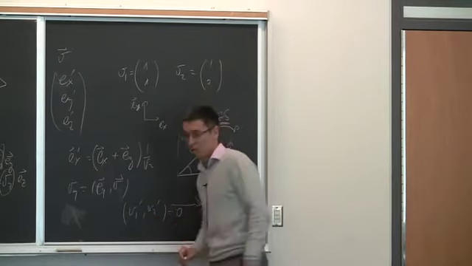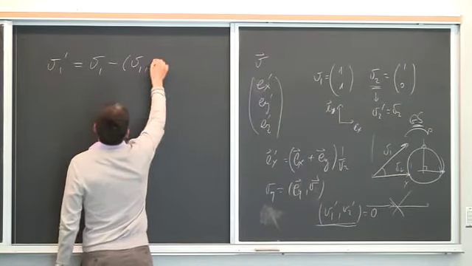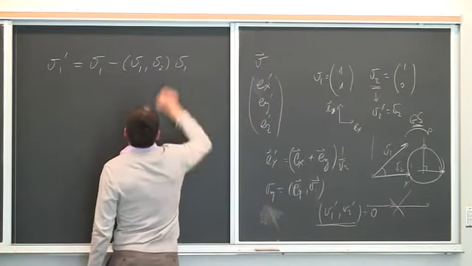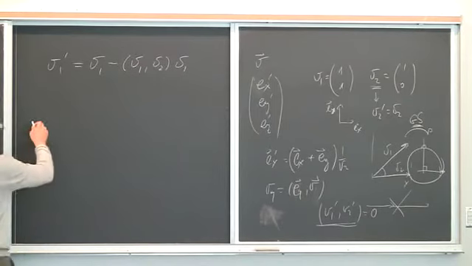And then to get v1 prime, we take v1 and subtract the projection of v1 with v2. So let's see what that gives us.